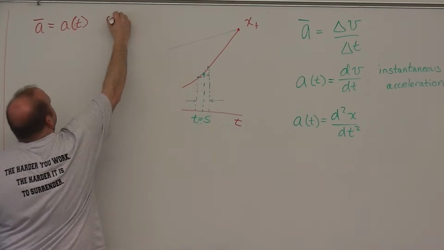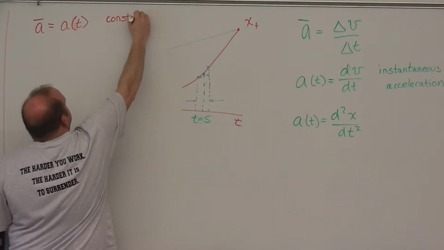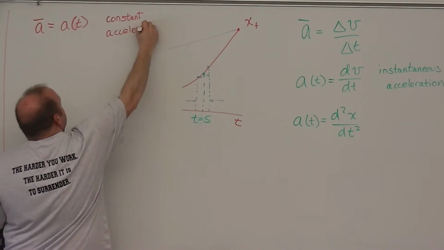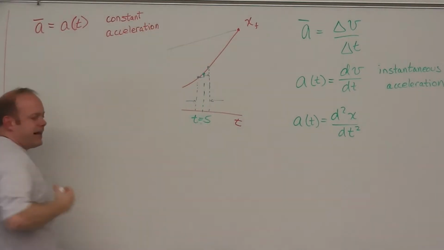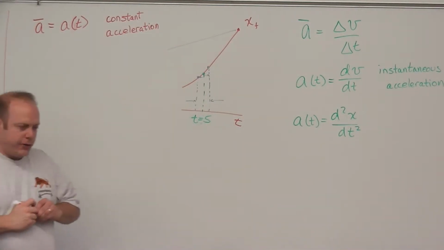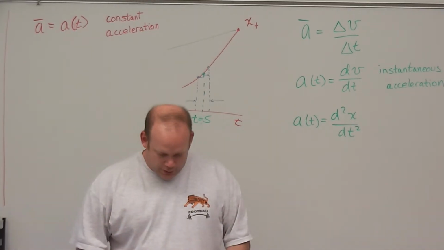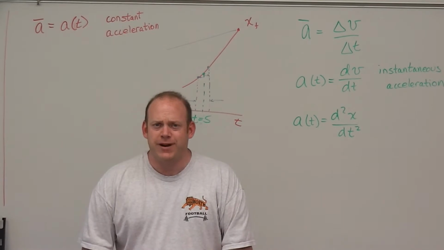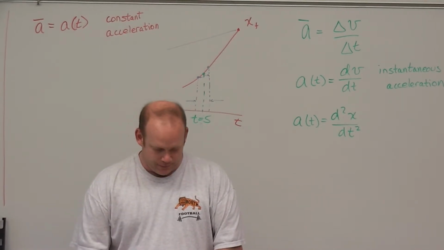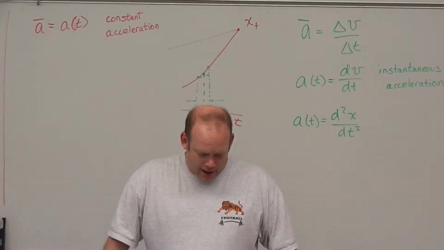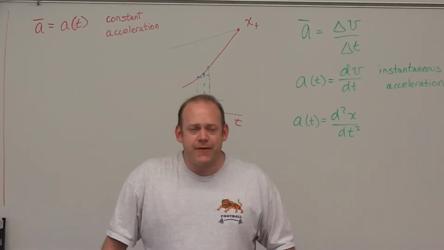So this is just saying it's a constant acceleration. And now we're going to take all those equations that we've learned, and we're going to expand them out a little bit. And we're going to learn how to manipulate them around so that we can find what we need. So now, let's take a look at position when we have a constant acceleration.